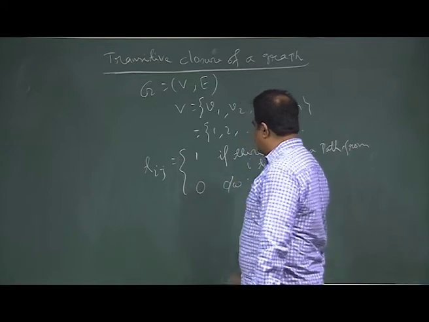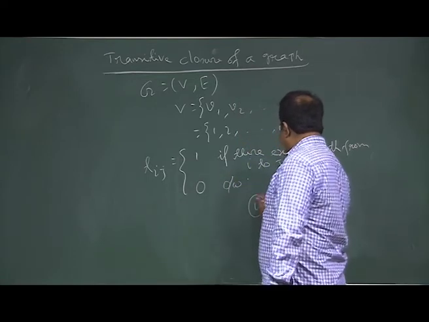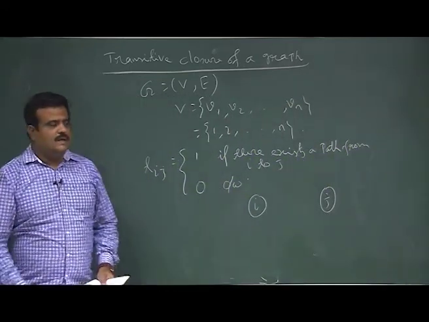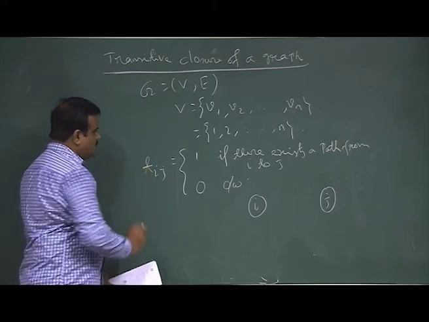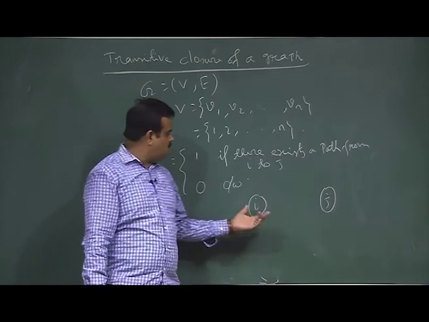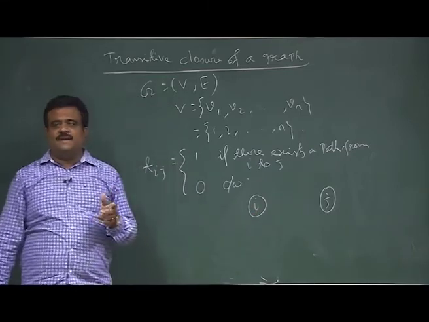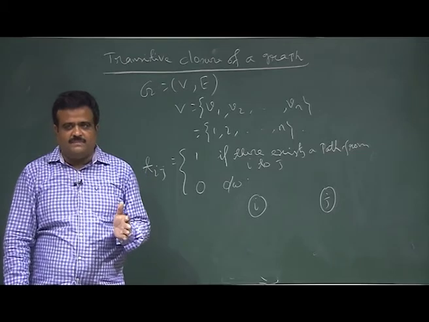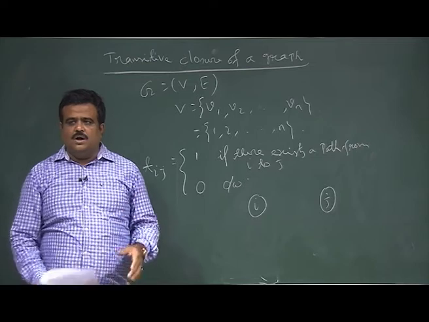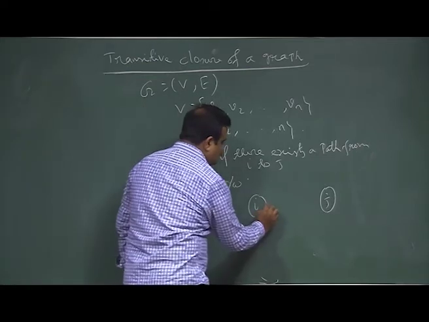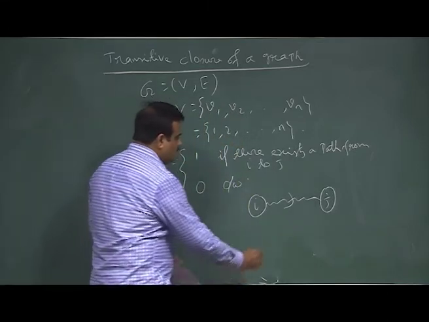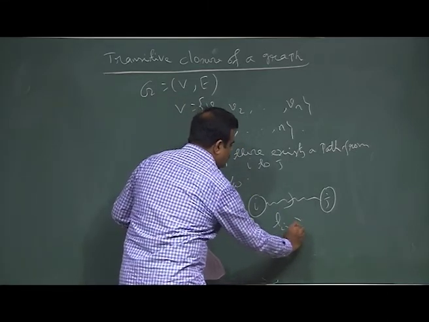That means no path from i to j. If we have a vertex i and a vertex j, and a direct edge, that means there is a path. That is also included, but we are not looking only for a direct edge. We are looking at whether, starting from the ith vertex, we can at all reach the jth vertex. That is the idea. That is the transitive closure. So, if there is a path from i to j, then Tij is 1.